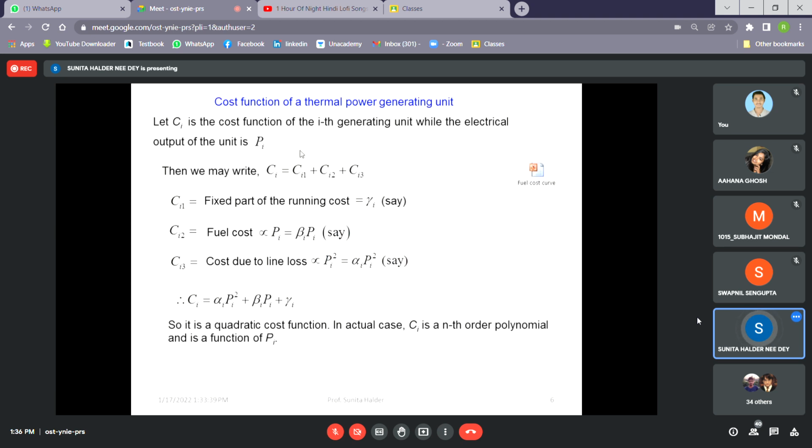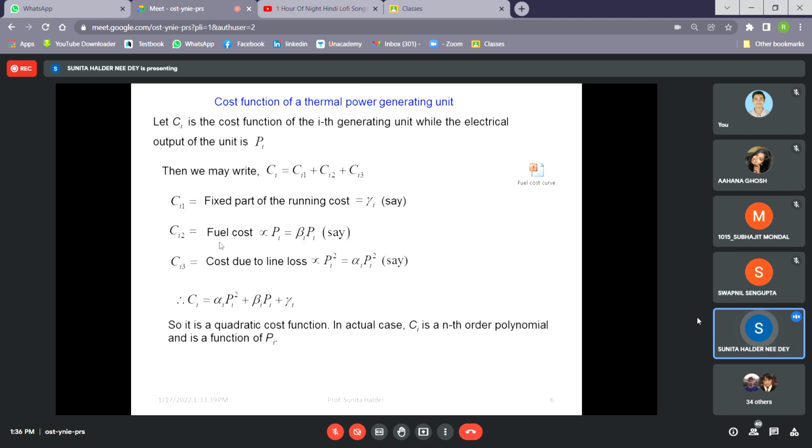The first one is the fixed part of the running cost, that means the everyday cost connected to salary, wages, light bill, which we cannot avoid. That will be there whether generation occurs or not.